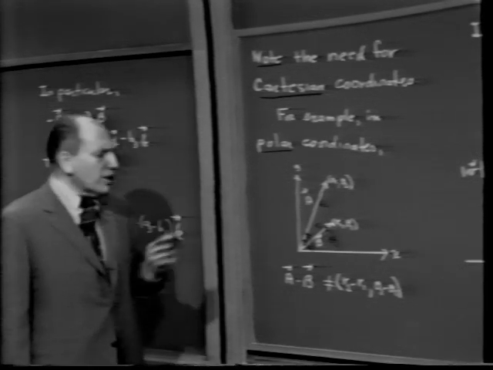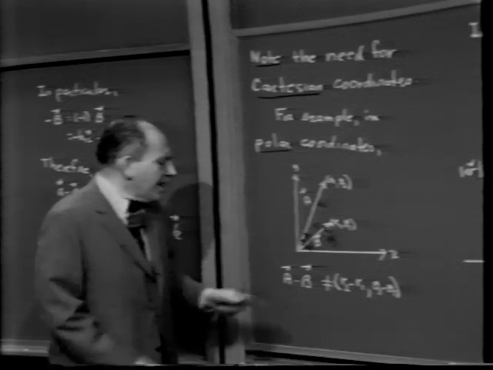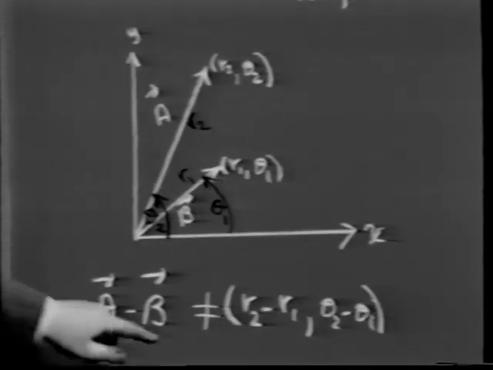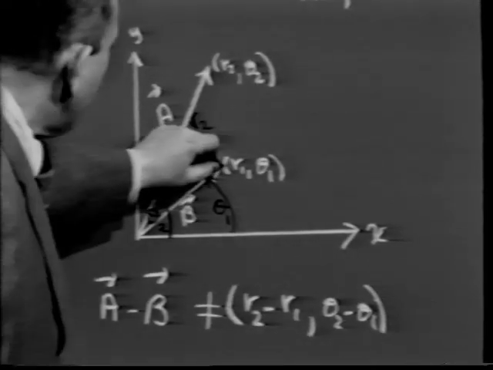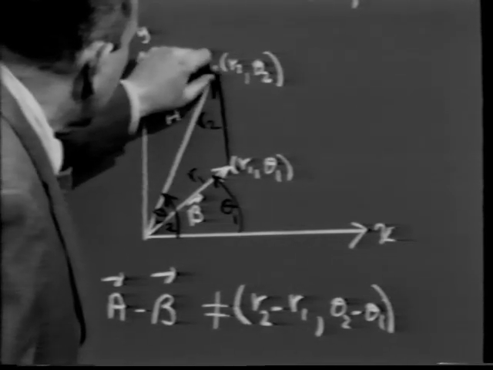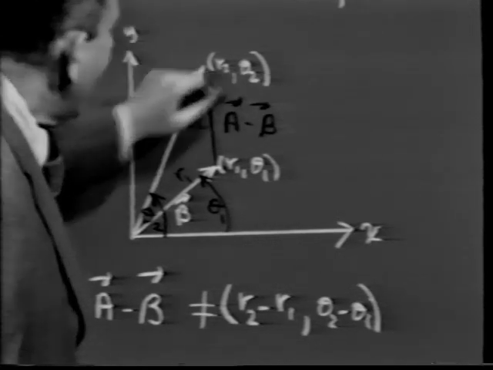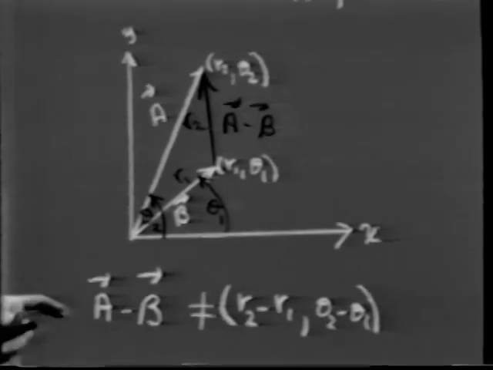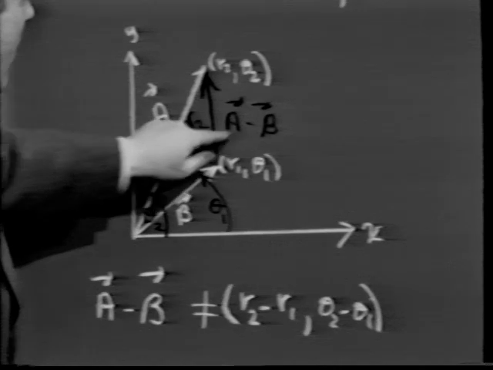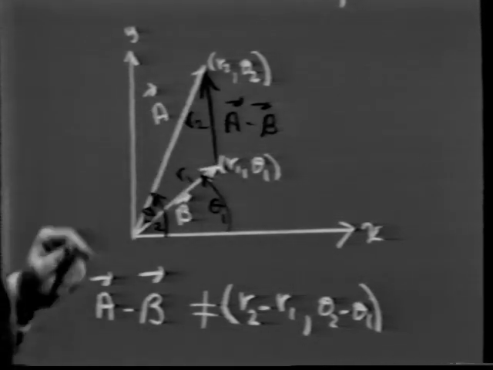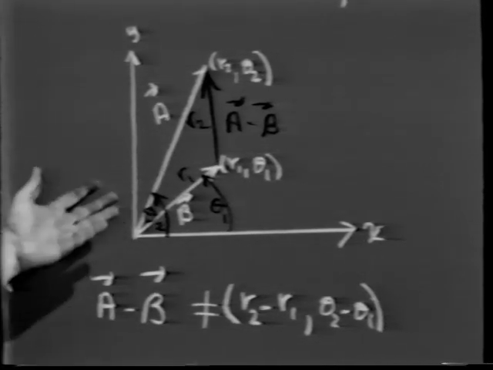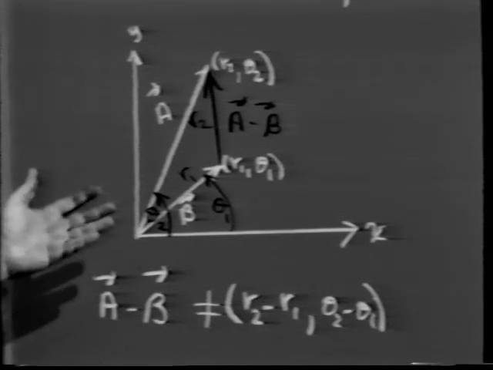Now, here's the important point, the real kicker to this thing, and that is that the vector A minus B, and A minus B is what? It's this vector here. And by the way, notice how vector arithmetic goes. How could you tell quickly whether this is A minus B or B minus A? We talked about this in the previous unit and had exercises and discussion on it.